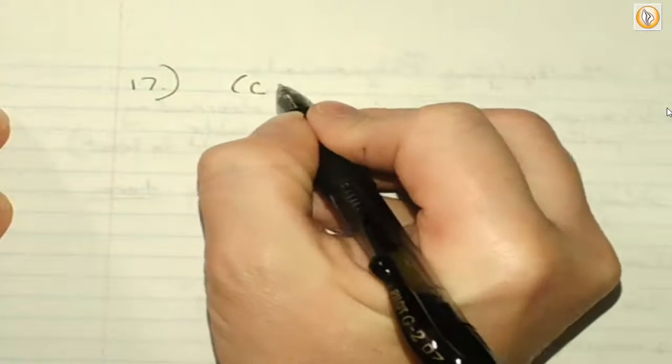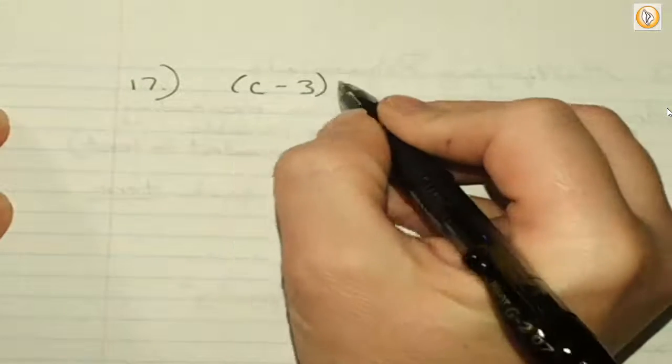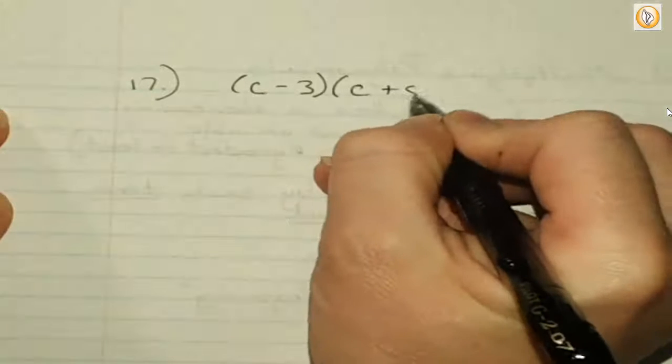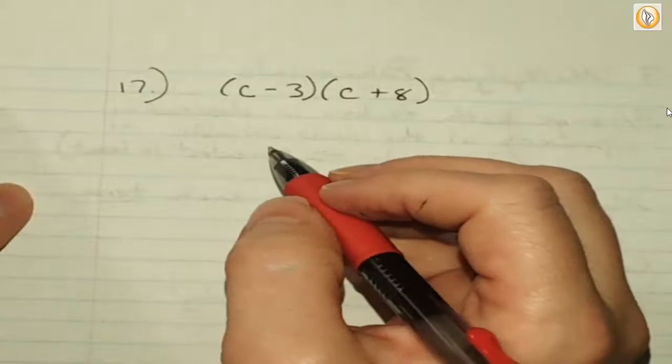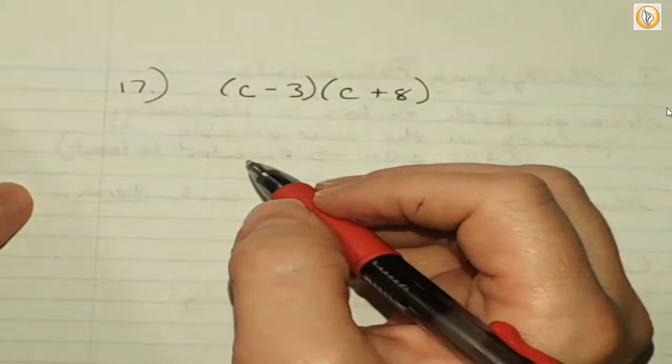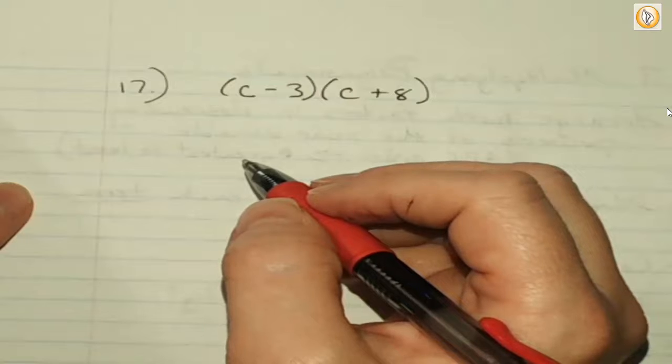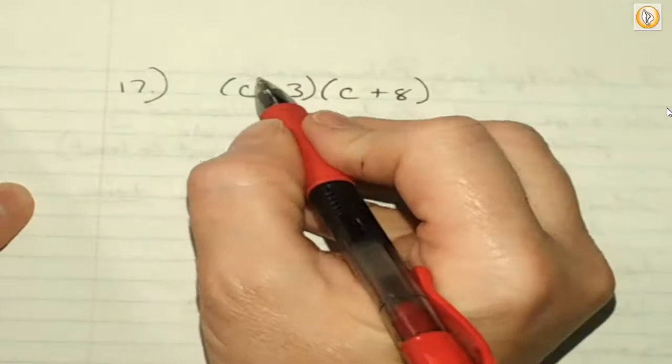All right, let's do another. Number 17. I have c minus 3 times c plus 8. Emily, what do I do? Okay, very good.